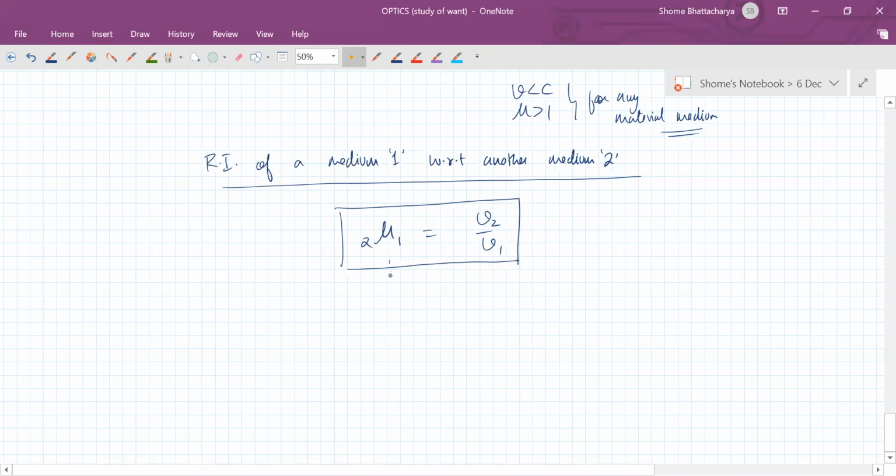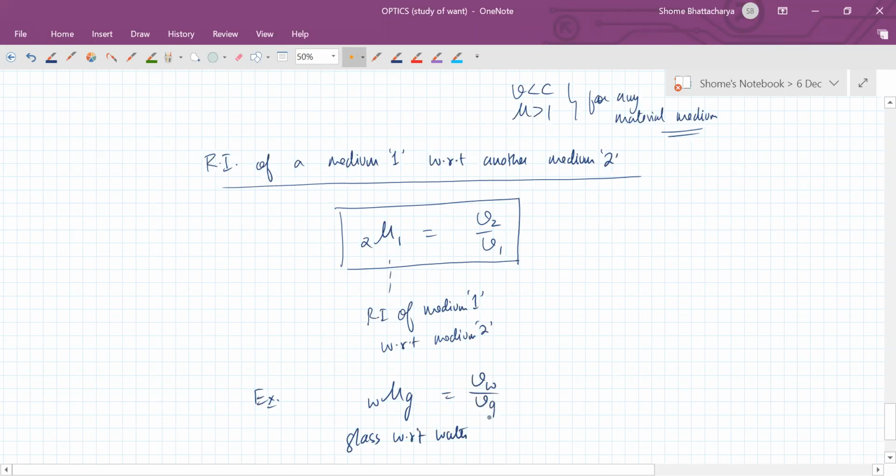So this is refractive index of medium 1 with respect to medium 2. So for example, refractive index of glass with respect to water will be equal to speed of light in water divided by speed of light in glass by definition.